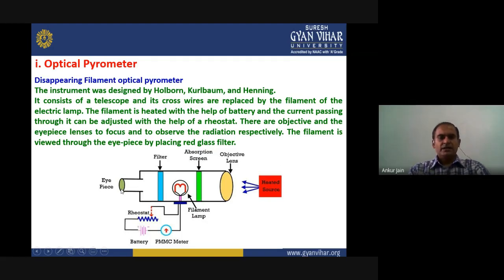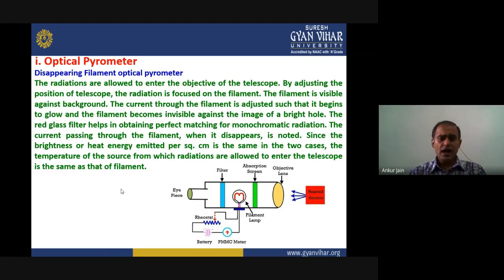Now, how it works: the radiation from the heated source is allowed to enter the objective lens, and then it is focused on the filament, and goes to the eyepiece. If we adjust the position of the telescope, the radiation is focused on the filament.